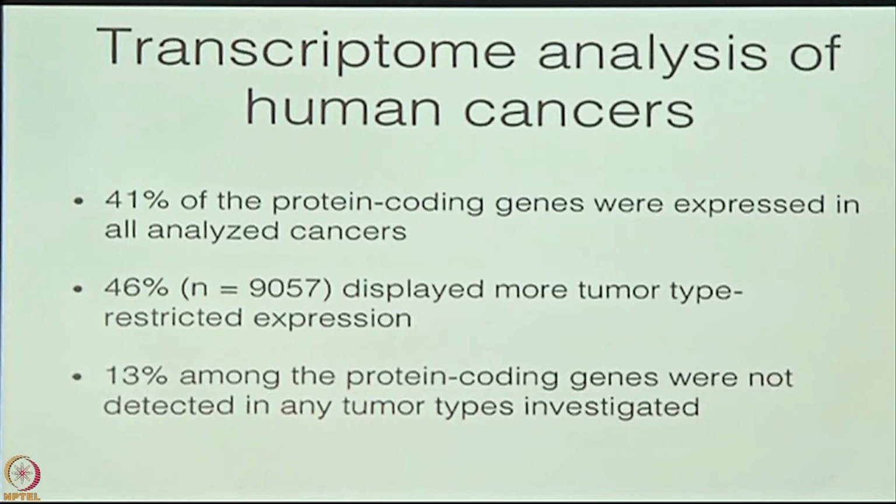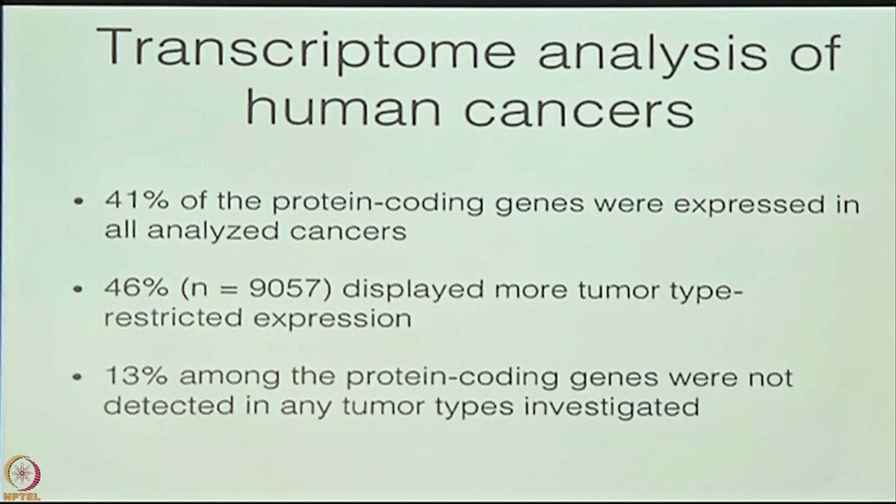Out of all the protein encoding genes, 41% were present in all cancers. So a breast cancer was not necessarily that different from a gallbladder cancer. There was a large overlap.